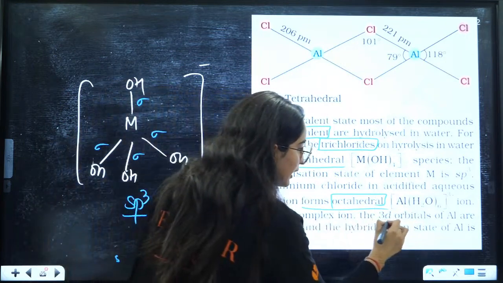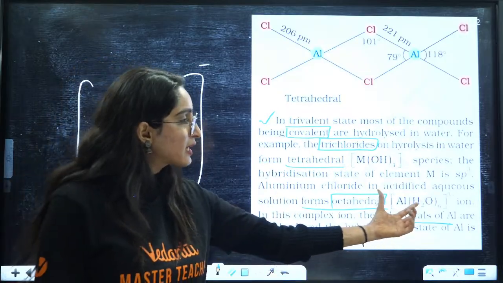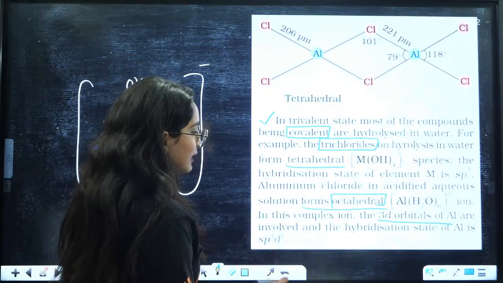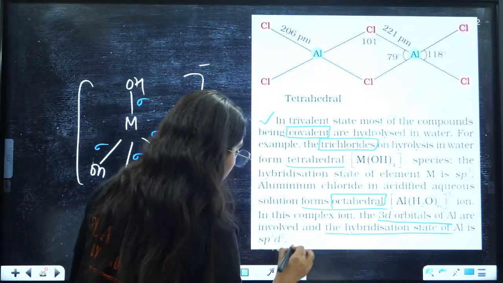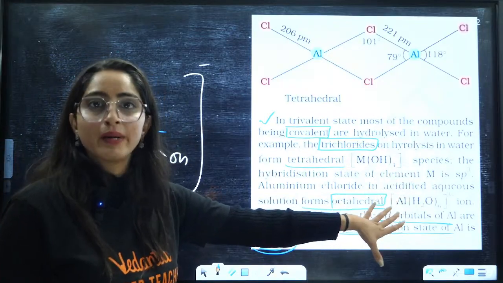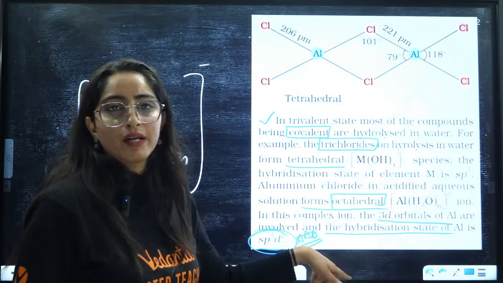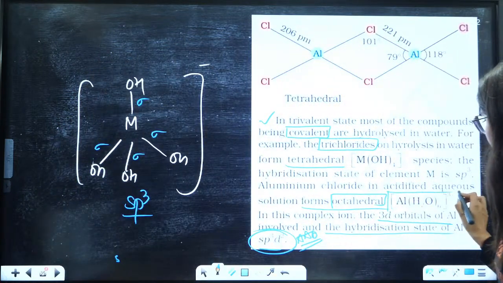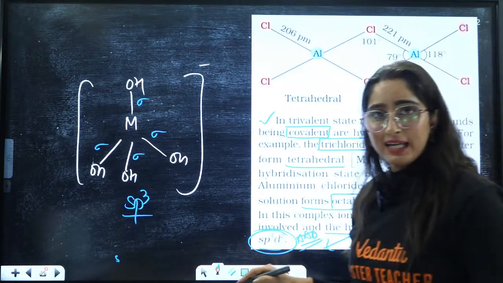In this complex, the 3d orbitals of aluminium, which were earlier vacant, are involved. The hybridization state of aluminium is sp3d2. This is based on VBT, coordination theory, which is why the hybridization is sp3d2. They can ask you even in coordination chemistry, what is the hybridization of [Al(H2O)6]3+? The hybridization is sp3d2, right?